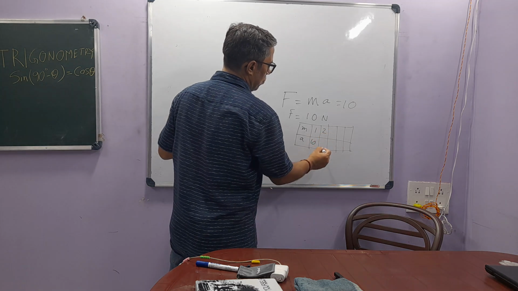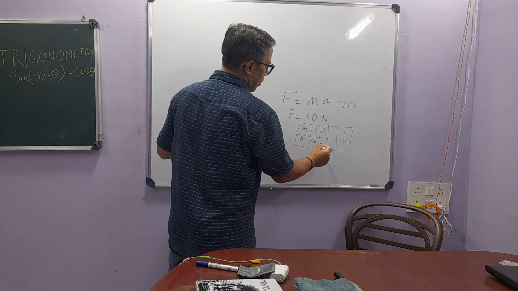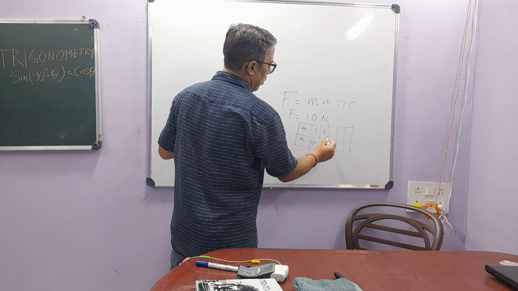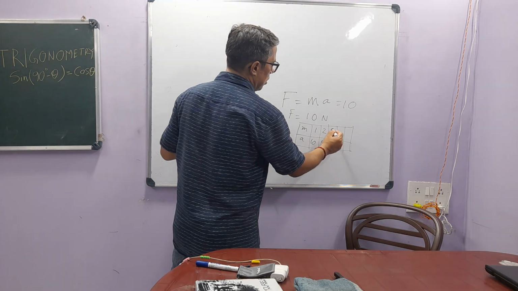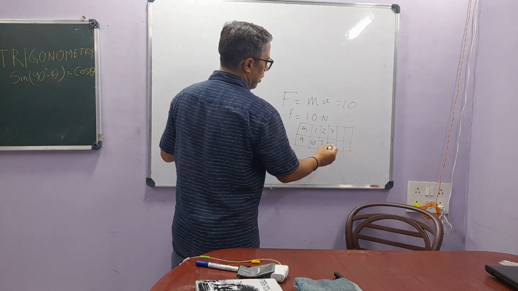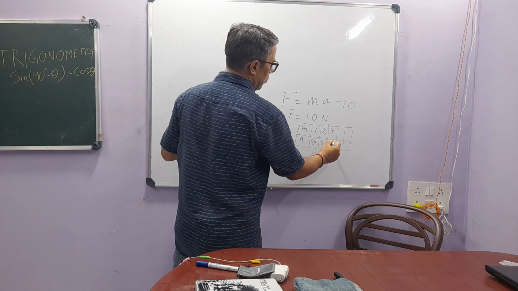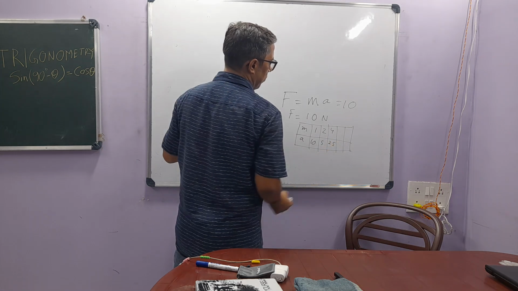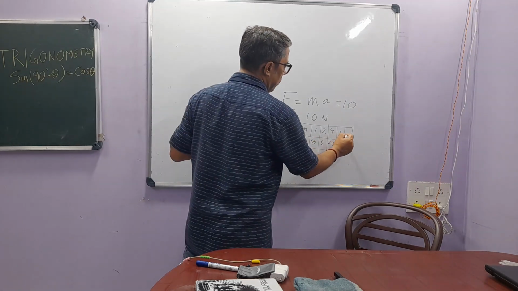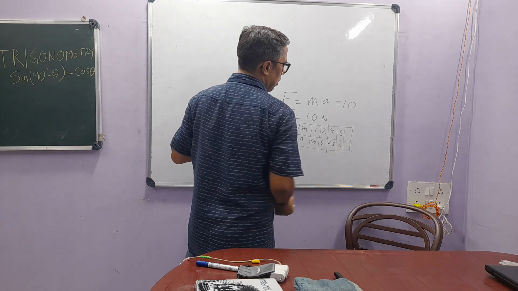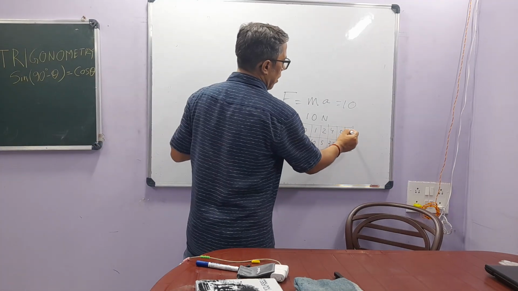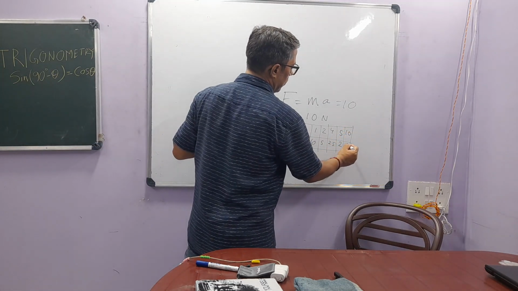If mass 2, acceleration will be 5. If mass is 4, acceleration will be 2.5, like this. If mass is 5, acceleration is 2. If mass is 10, acceleration is 1.